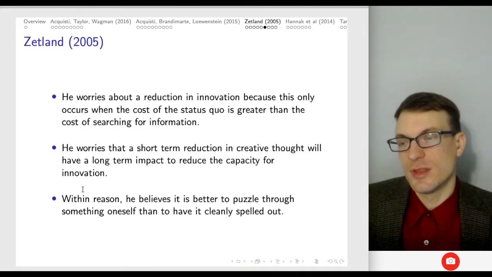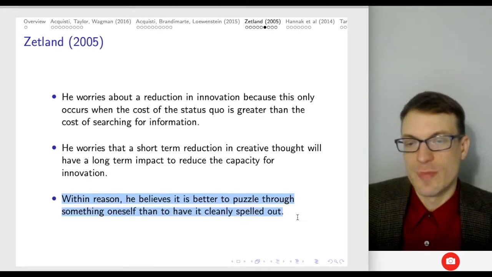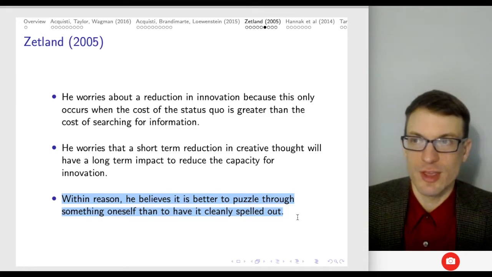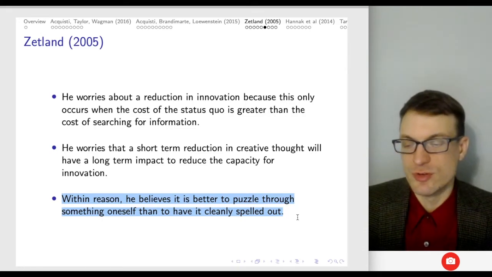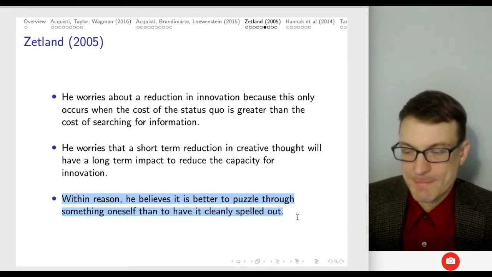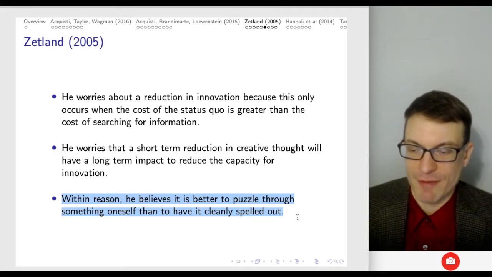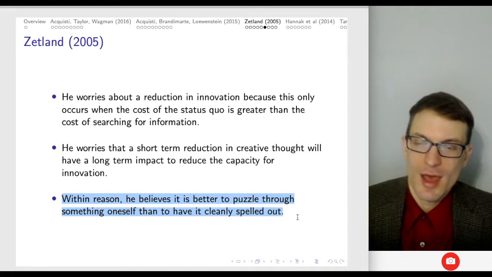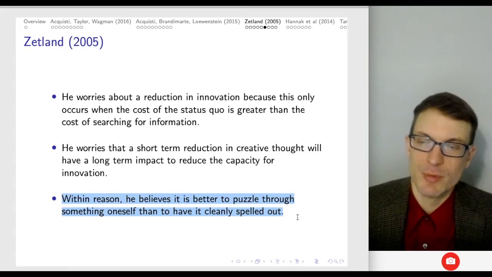So his view is that it's really important for people to struggle with things and work through them and come to the conclusions after some effort's been expended, rather than having everything directly in front of them. So for this, I have a couple different perspectives.